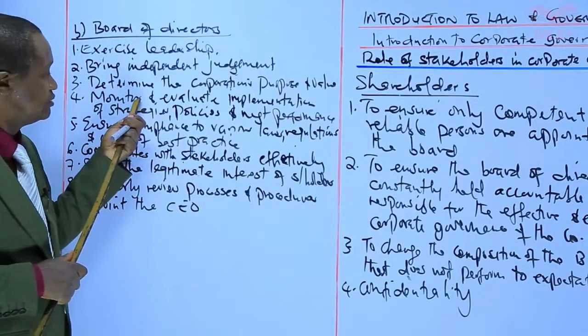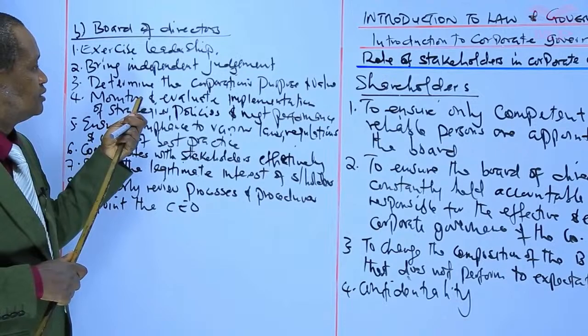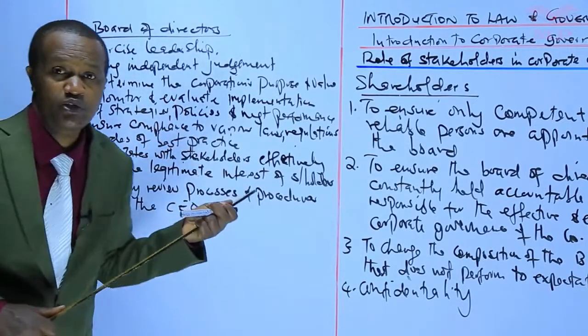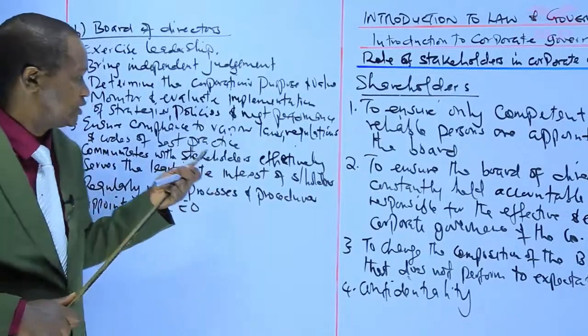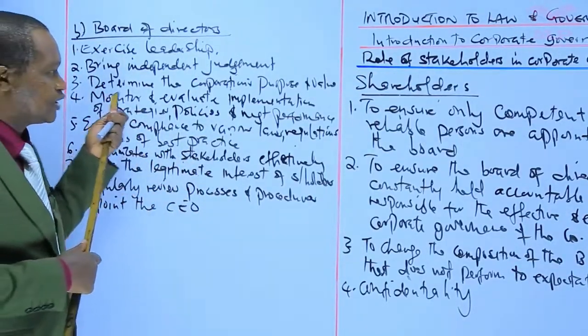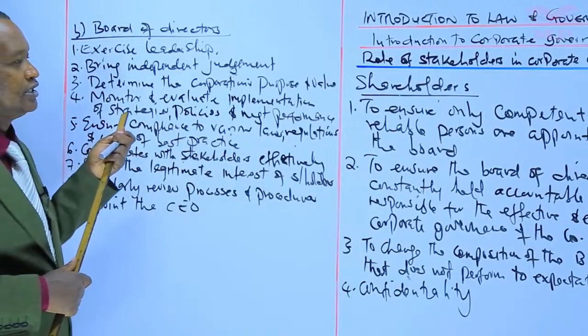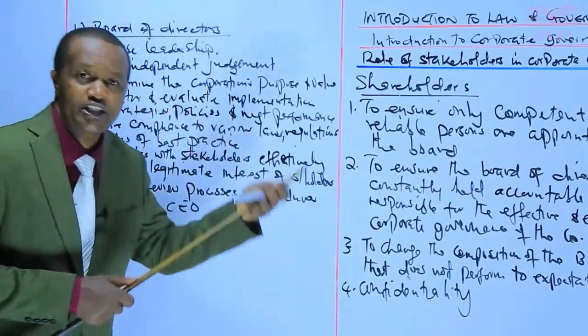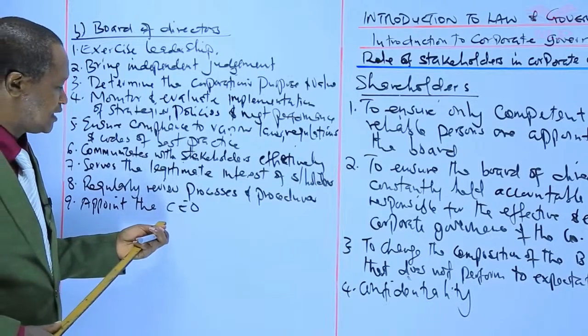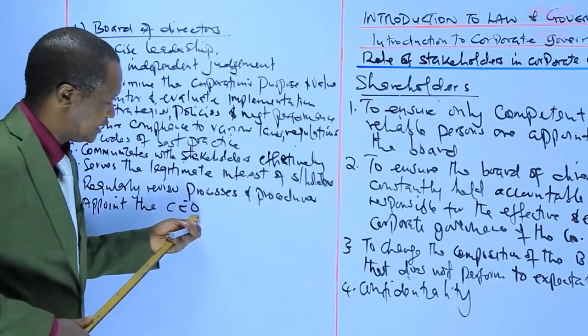develops strategy, policies that the company ought to be guided with in the process of discharging its function. They develop strategies. They give strategic direction. But the day-to-day operations of the company are left in the hands of the CEO.